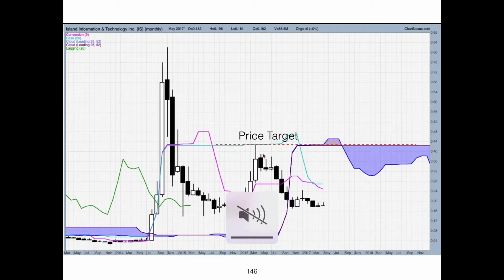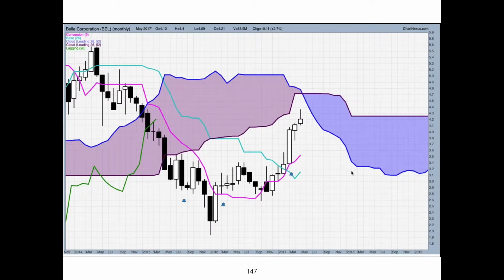Notice that the Kijun-sen is also at the same level as the Senkou span B line, which was parallel to the Kijun-sen line. Now, what is the price target in this chart?